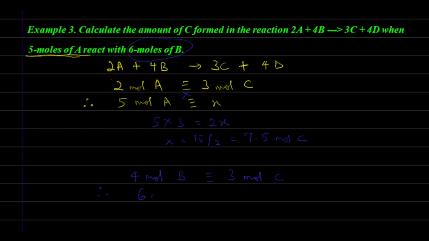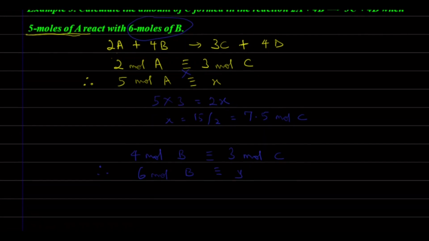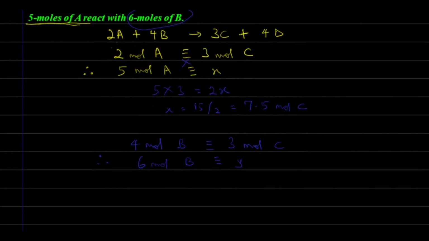Therefore, 6 moles of B will produce Y. I don't want to use X again. Though these are basic chemistry, we can as well jump all these basic steps and solve it at once. So when we cross multiply, we have 6 times 3 equals 4 times Y, which is 4Y.